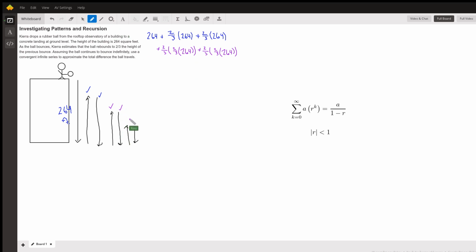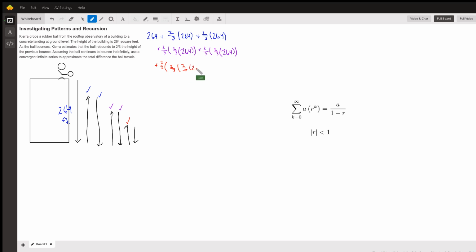And then you maybe can already see the pattern here, but just to prove the point, I'm going to go ahead one more time. Let's do this next up arrow. And that distance, again, should be 2/3 of the most recent height, which was this guy. So I'm going to take 2/3 of 2/3 of 2/3 of 264.